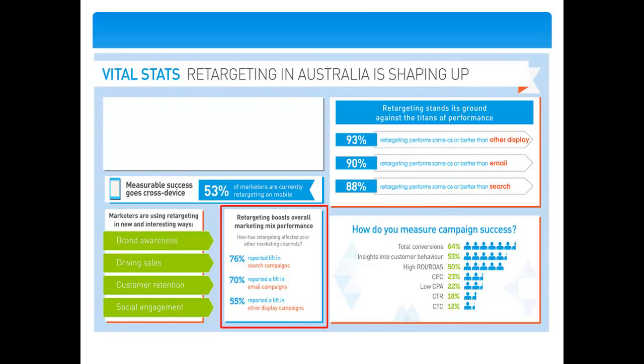Now the interesting thing here is the box in red. On the way it affects the overall marketing mix, 76% reported that it increases their search, 70% their email campaigns, and 55% display. That's because if you're getting more and more people back to your website, it's going to help your overall marketing efforts.